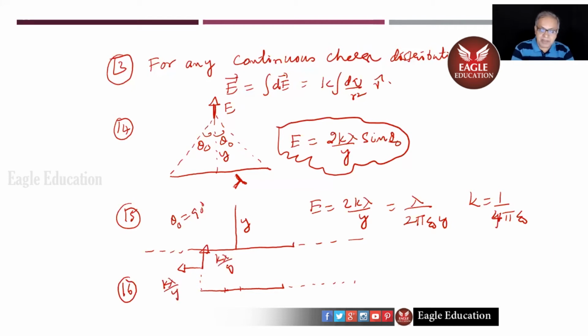Refer back and tell me there. It may be wrong. So the total will be root 2 k lambda by y. Tell me. They're all questions and problems only. Come on, the future builders of India. Tell me.